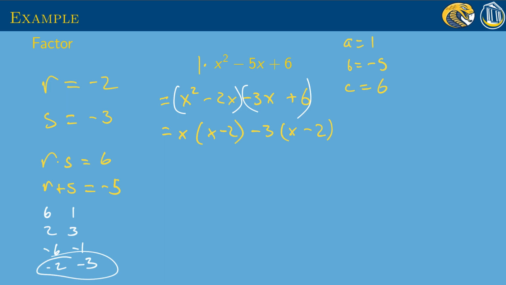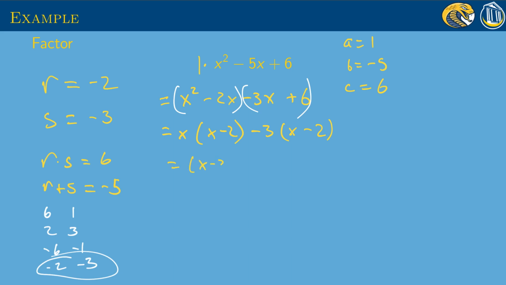I did that on purpose, pulling out a minus 3 instead of a positive 3, because I really wanted these two terms to match. And since they match, we have something times x minus 2 plus something else times x minus 2 again. That means we can factor out an x minus 2.